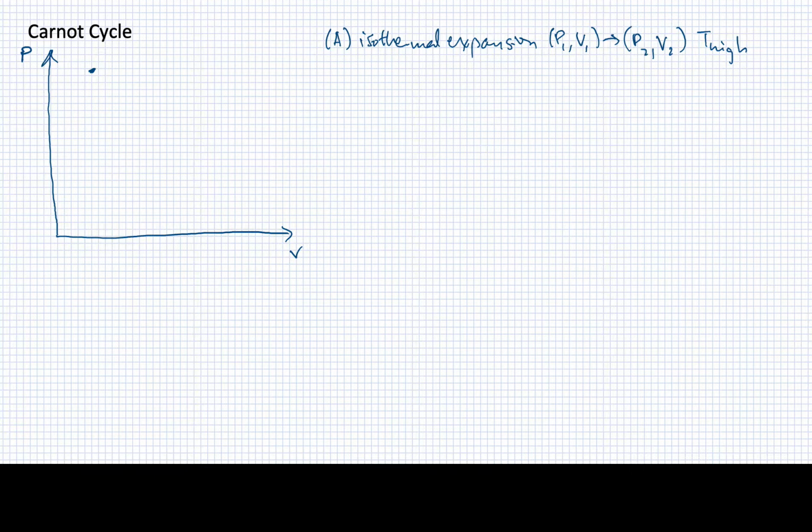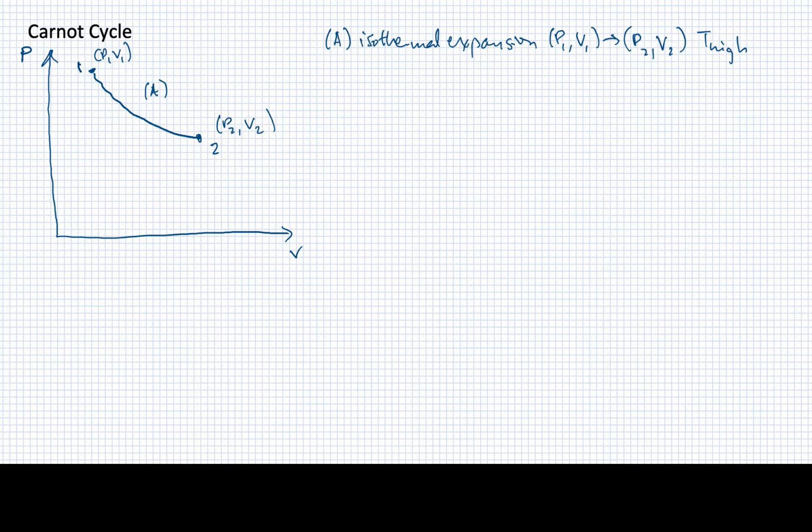We're following an isothermal path, so it'll go something like this, from P1 V1 to P2 V2. And just to help me refer to these things, I'm going to call this point 1 and this point 2, and I've referred to this as path A. So when I refer to points by numbers and paths by letters, hopefully you can follow what I'm saying.